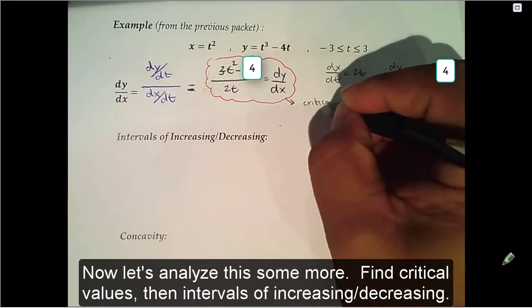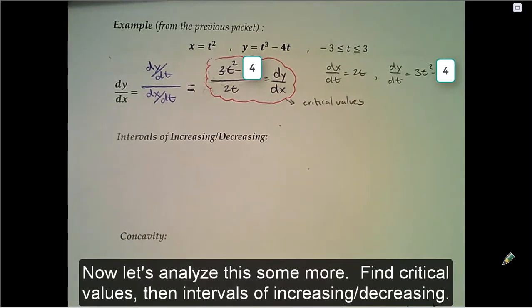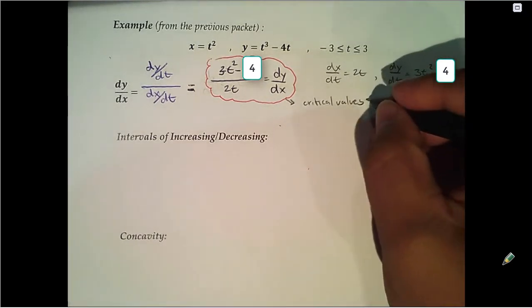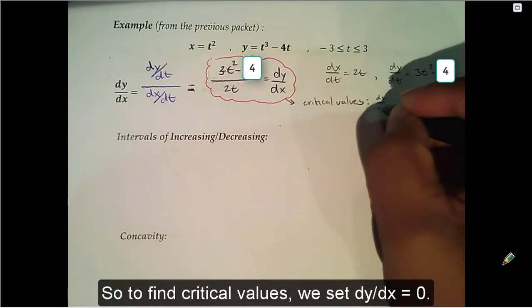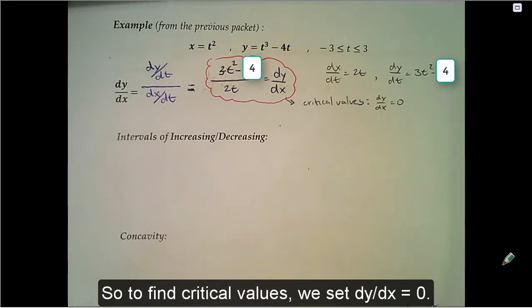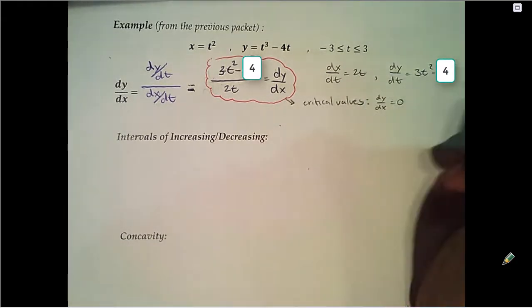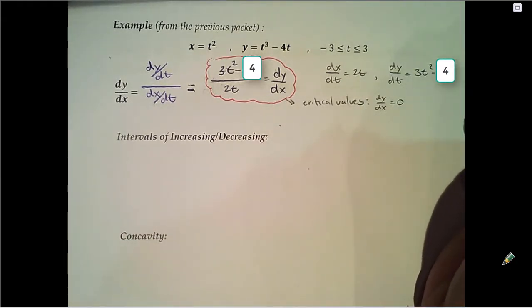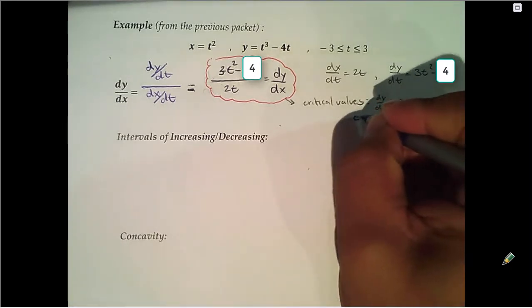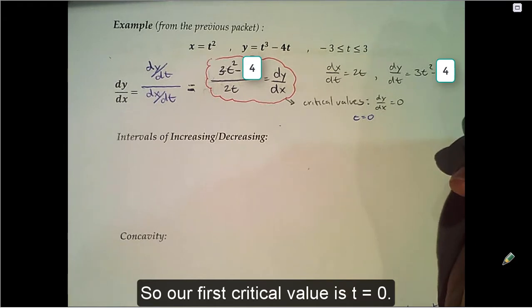Now let's analyze this some more. Find critical values, then intervals of increasing and decreasing. So to find critical values, we set dy/dx equal to 0. So our first critical value is t equals 0.